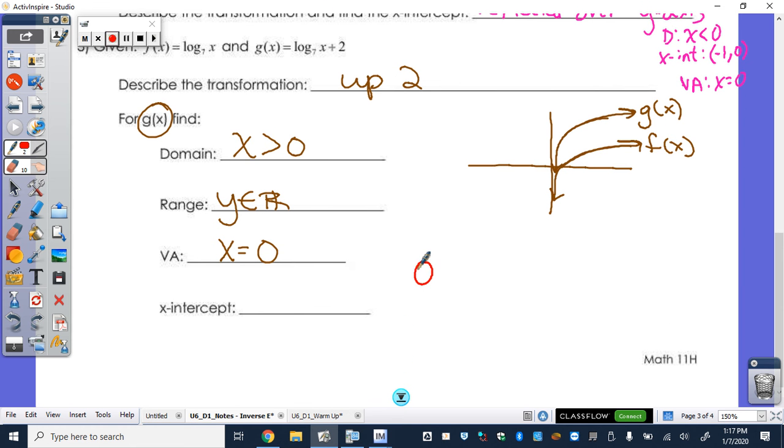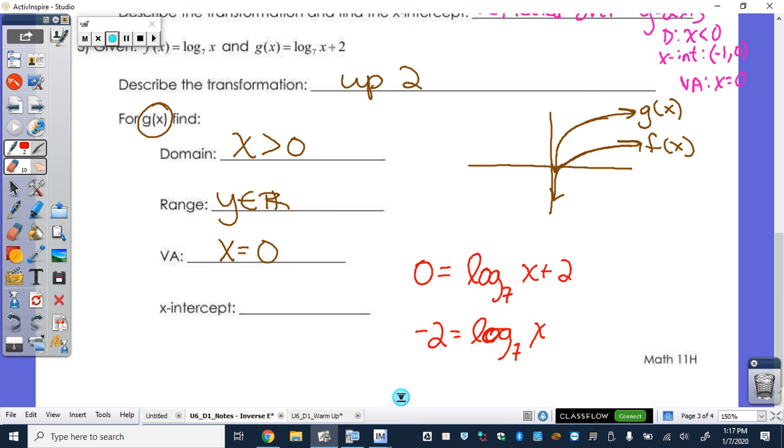Easier way, x-intercept is when your y is 0. So if I set my equation equal to 0, we can actually solve this. You would want to start by getting the log by itself. So subtract your 2 over. So negative 2 equals log base 7 of x. And then again, we were just practicing it.